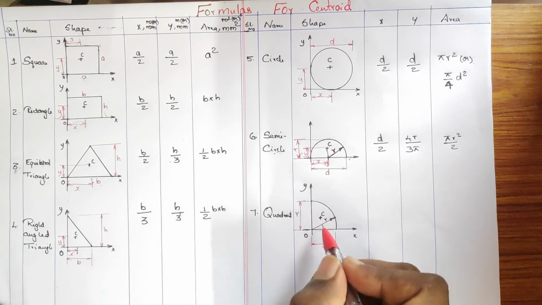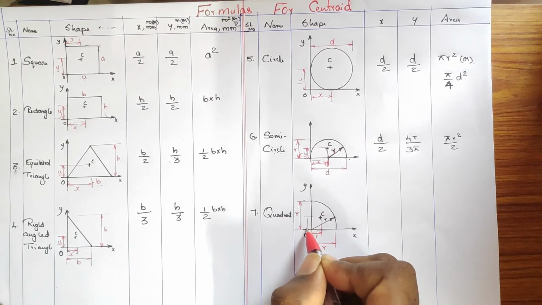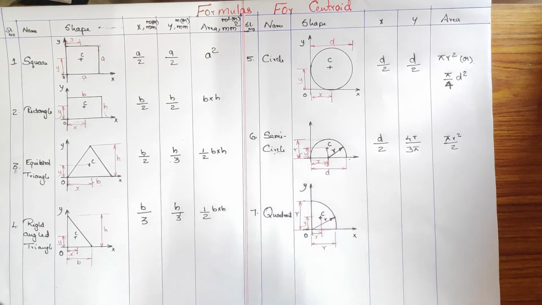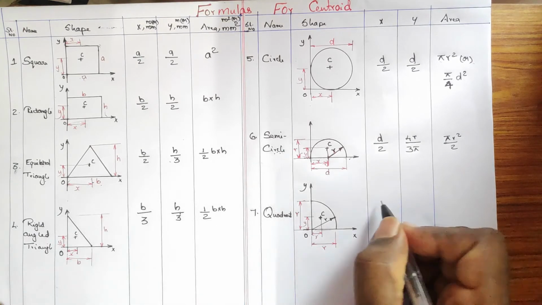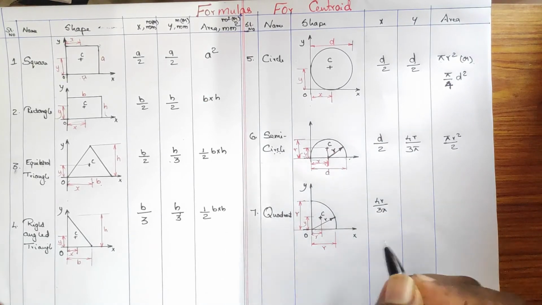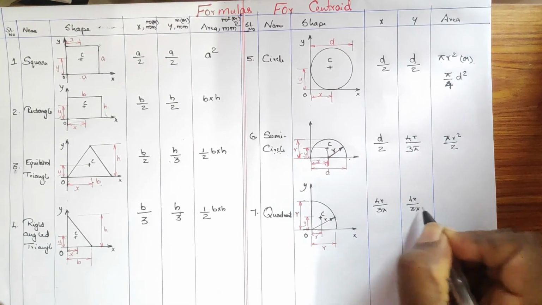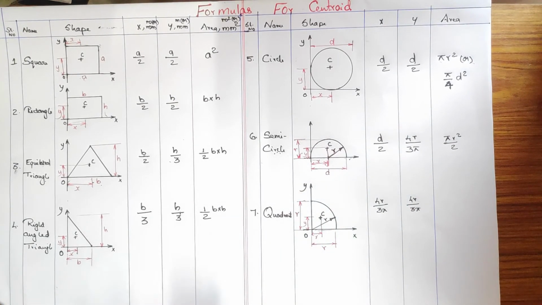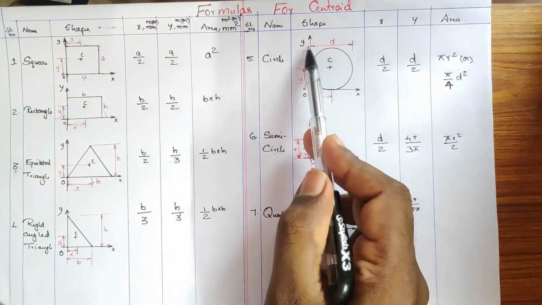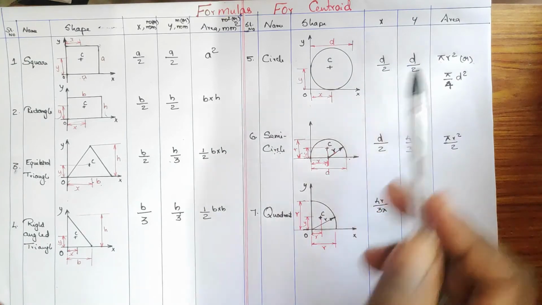So if you want to specify the x and y to pick the centroid, since here it is radius, the formula is 4r by 3 pi in the x and 4r by 3 pi in the y-axis. Okay, so keep it in mind, in the circle, in the x it is d, in the y it is d, so d by 2, d by 2.